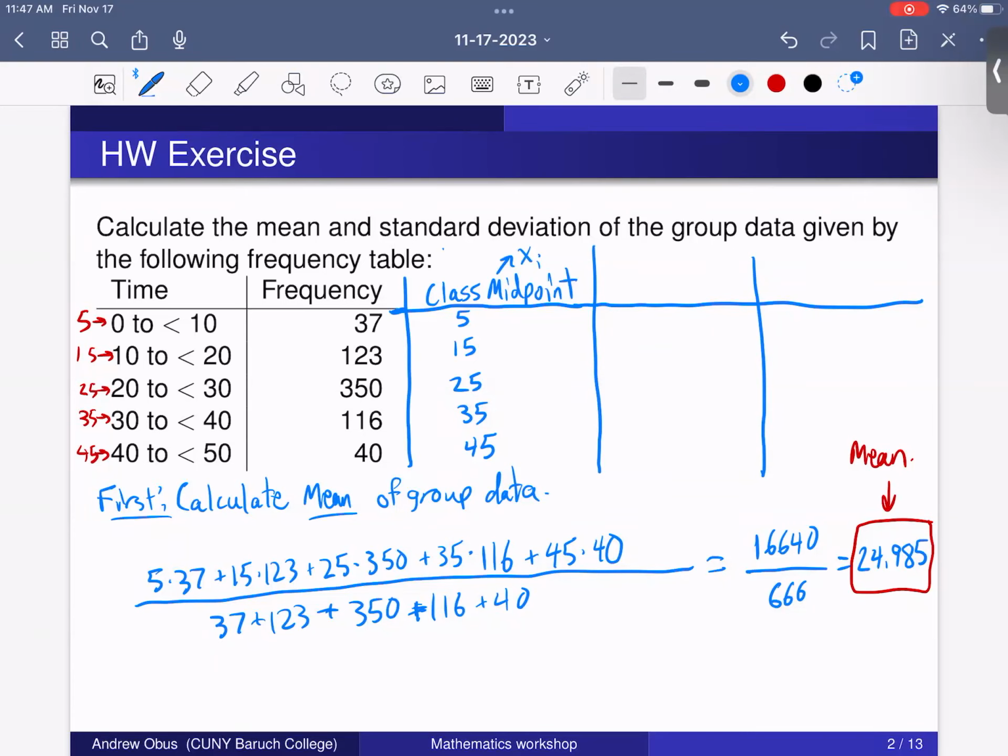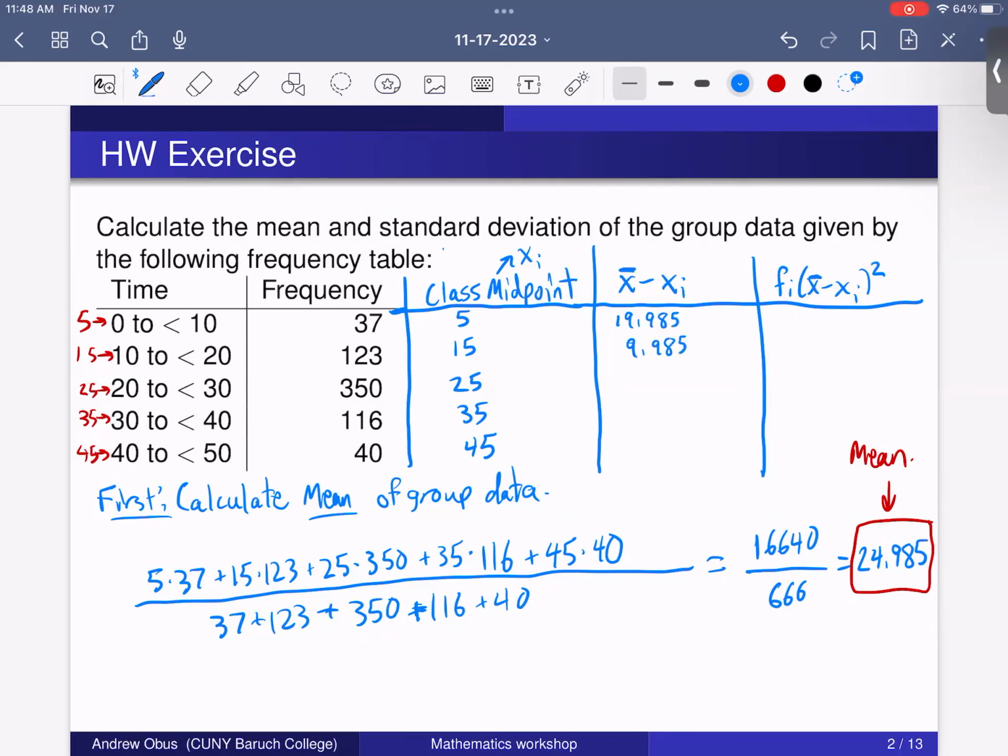Here we're going to have x bar minus xi, and then here we're going to have fi times x bar minus xi squared. In this case, for the midpoint we're looking at the difference between 5 and 24.985. Sorry, this should be the mean. So we're taking the mean and subtracting the class midpoint. This is going to give us 19.985. This will give us 9.985.